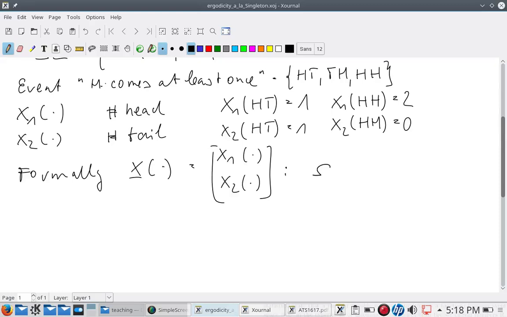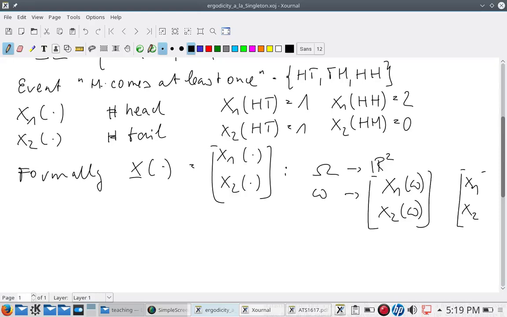So we have a function that maps from omega into R squared, and it implies that I take one small omega out of the big omega, and I evaluate X1 at this omega and get an X1 out of it, and I evaluate X2 at this omega and get an X2 out of it, a realization of the random variable. So I write this in a vector, and this is what the function does formally.